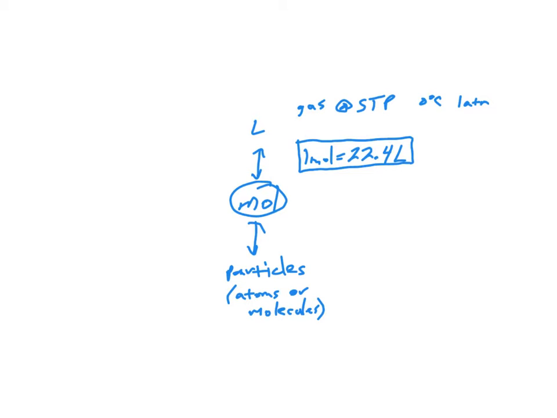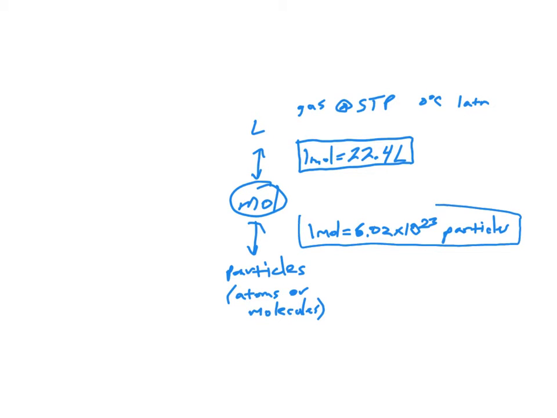So up here we had the conversion factor for liters. Now the conversion factor here for particles is 1 mole is equal to 6.02 times 10 to the 23rd particles. So that means every 1 mole of substance is 6.02 times 10 to the 23rd particles.